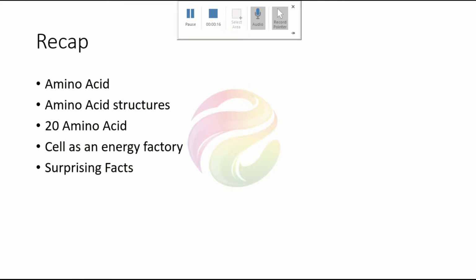Okay, let's have a recap. We have discussed amino acids in detail, and we have talked about their structures, and we have seen there are 20 amino acids, differentiated by the side chains of every amino acid.